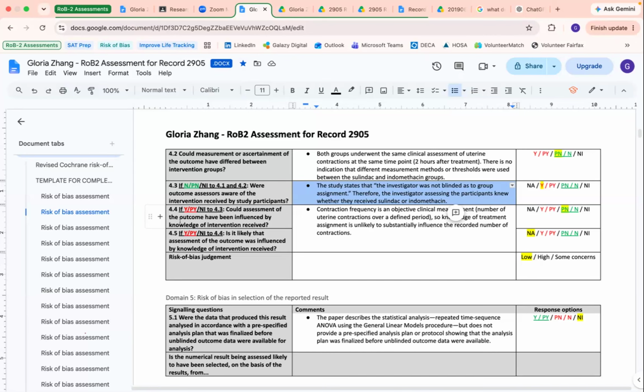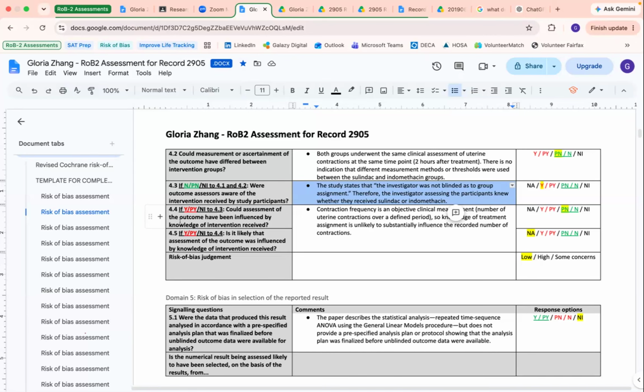You're either using the tachometer or asking the patient, so there's really no way you can influence your judgment, since it's a number you get. You could probably look at a pregnant patient and know if she's having a contraction or not. Yeah, exactly.